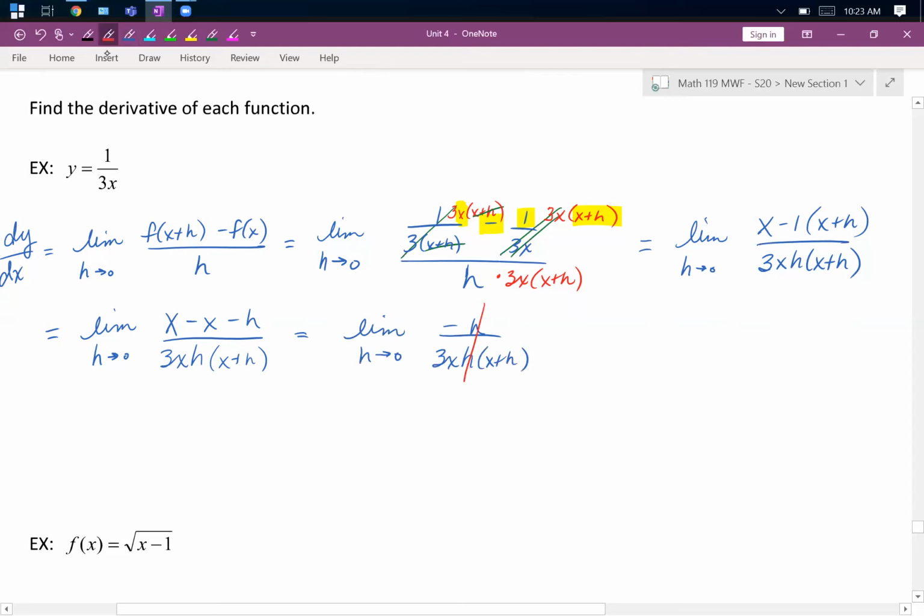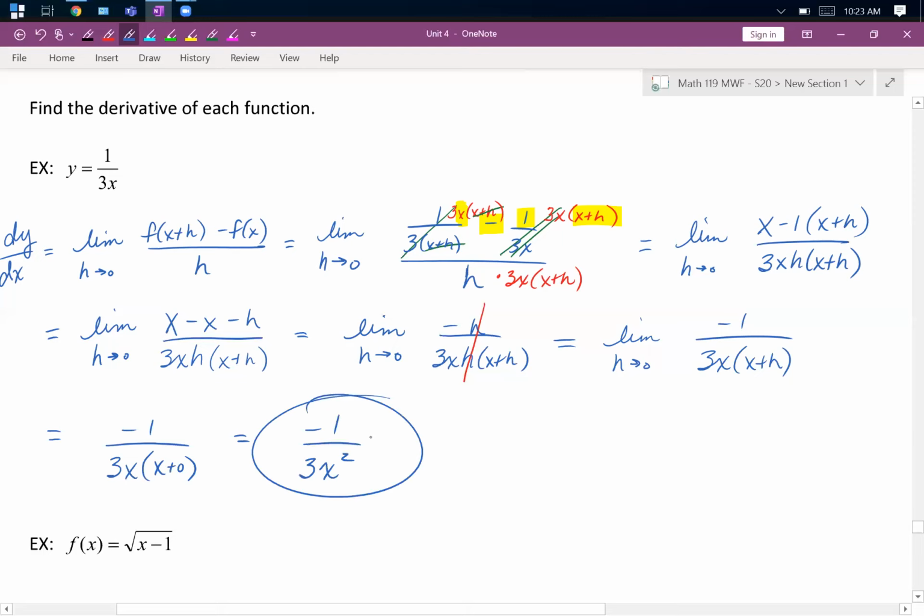Now we can cancel that factor of h in the denominator, leaving us the limit as h approaches 0 of negative 1 over 3x times x plus h. Although I still have an h in the denominator, it is safe to plug it in. That's going to be negative 1 over 3x times x plus 0. We get our derivative to be negative 1 over 3x squared.